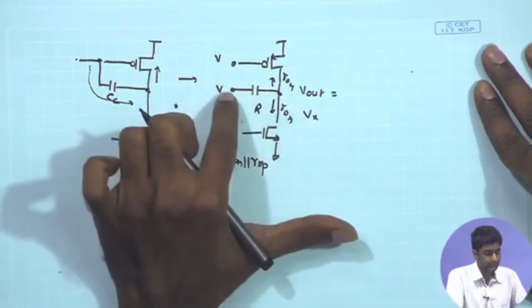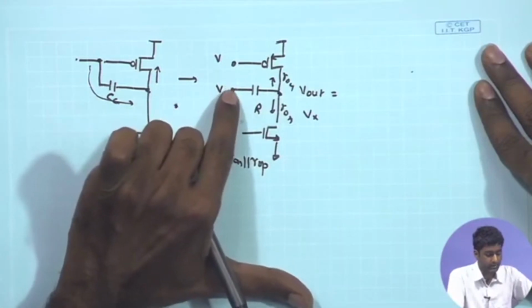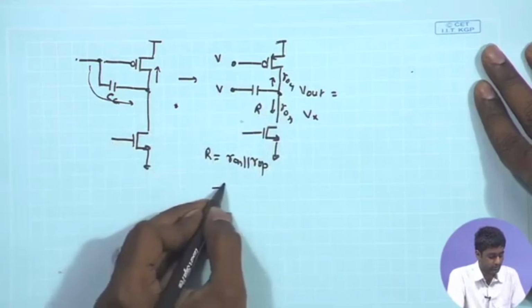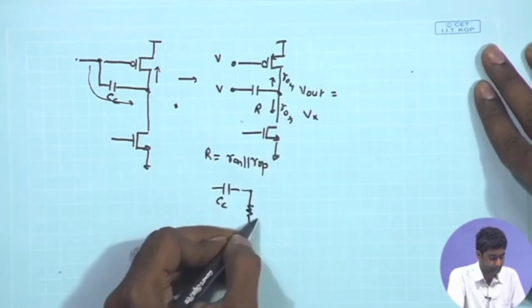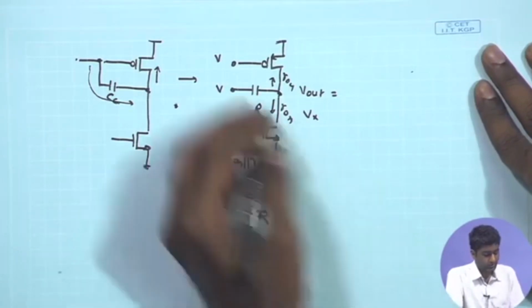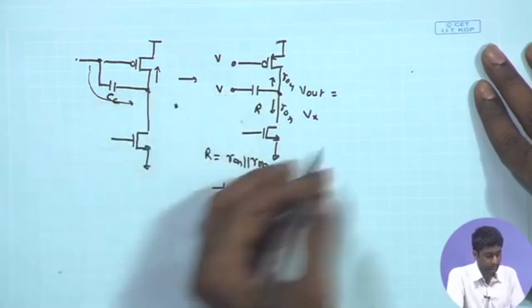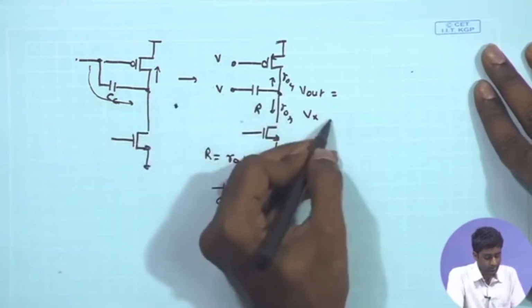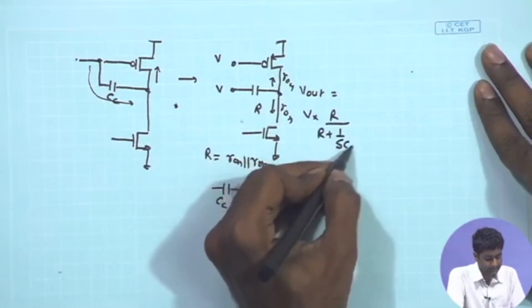So, effectively, if I am looking at the voltage division, this particular voltage is applied to a voltage divider formed of this capacitor Cc and R. So, this is V out, the expression of V out because of this particular signal is just going to be V into R upon R plus 1 upon SCC.